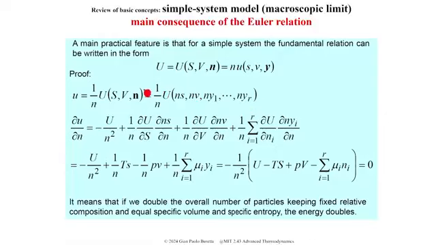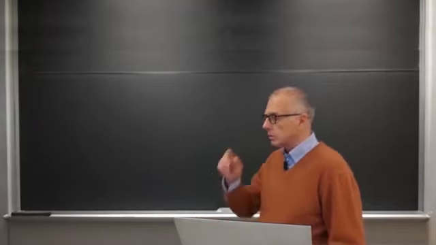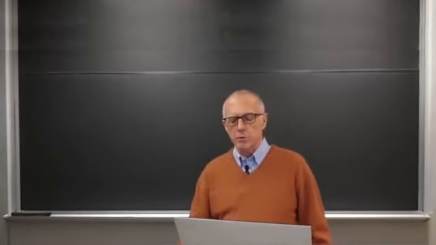And as we see here, there is a lot of N dependence, but we prove that the partial derivative of u with respect to N is equal to minus 1 over N squared times this quantity. And this quantity, if you remember, is what we called the Euler free energy. It's the characteristic function.